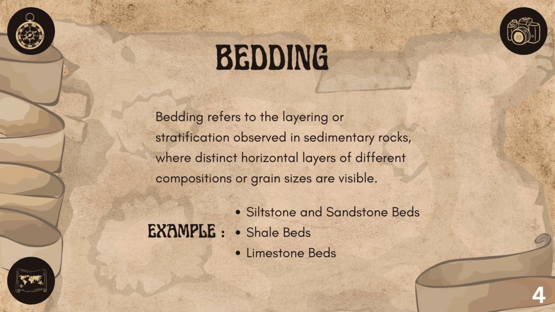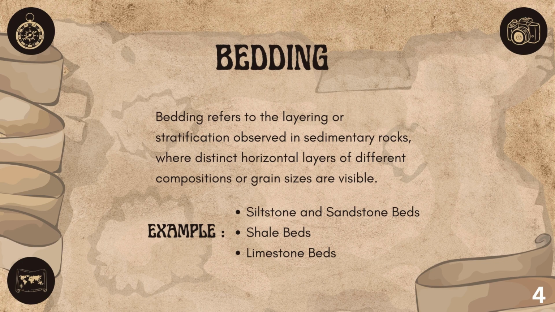The significance in interpreting depositional conditions is first environmental changes. Variation in bedding indicates shifts in the depositional environment. For example, changes from sandstone to shale beds may suggest transitions from a high energy to a low energy depositional setting.